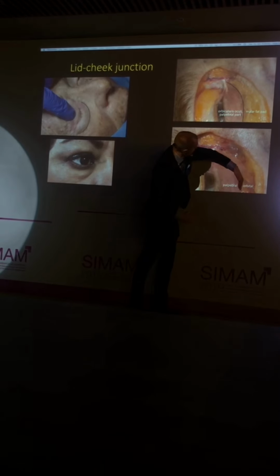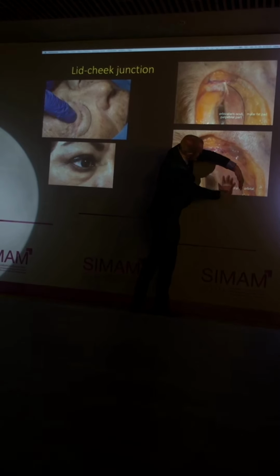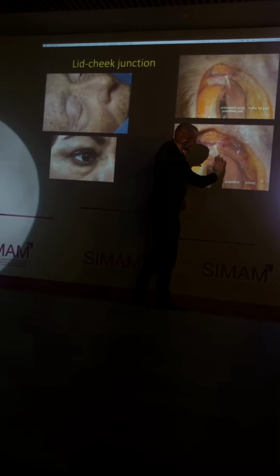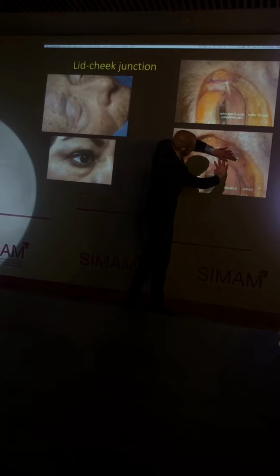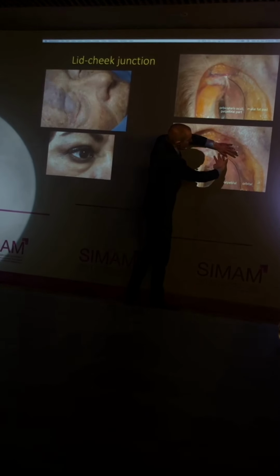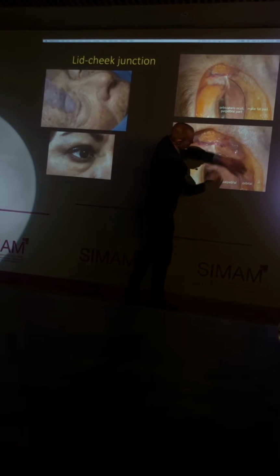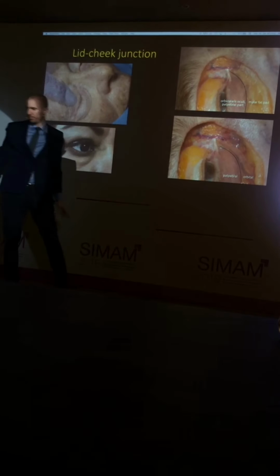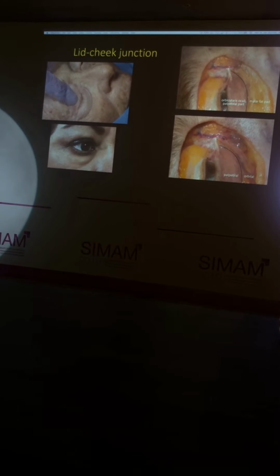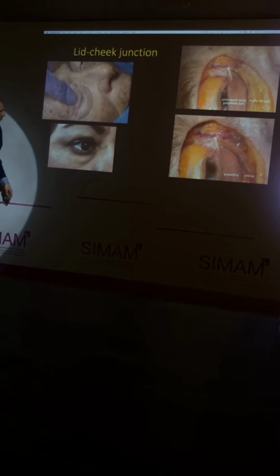These fibers attach to the bone and a small part of the medial canthal ligament, while the fibers of the orbital portion attach to the medial canthal ligament.